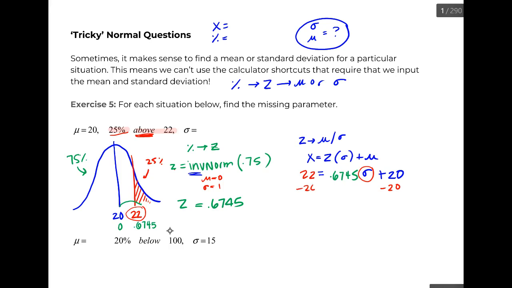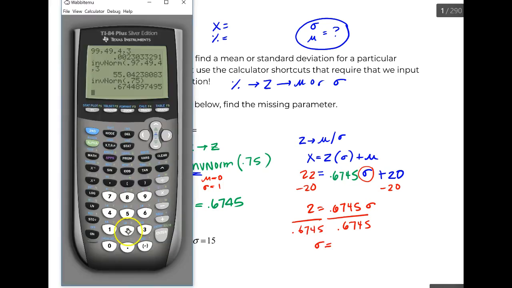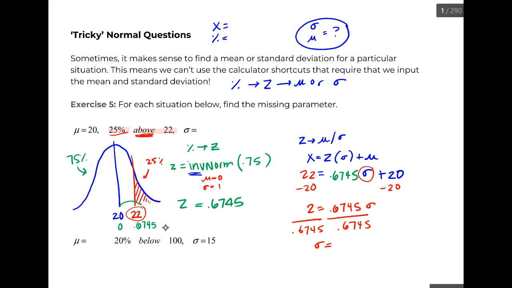So we're going to get rid of the 20. So we have 2 is equal to 0.6745 times sigma. Divide both sides by that 0.6745, which gives us that our sigma is equal to 2.9652.